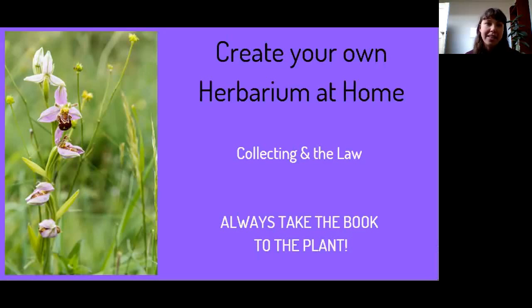So like I mentioned, this includes many of the orchids and a lot of other plants which are labelled as Section 8 plants. Now, if you have a good ID guide, it will actually tell you in the descriptions if the species is protected. So this is why we try to follow the rule, always take the book to the plant for identification and collecting.